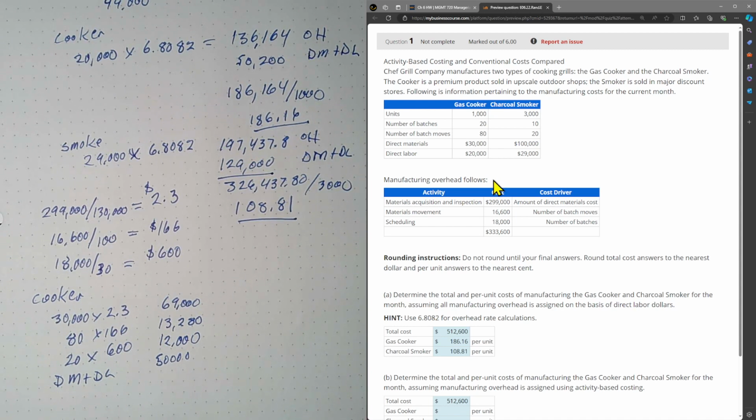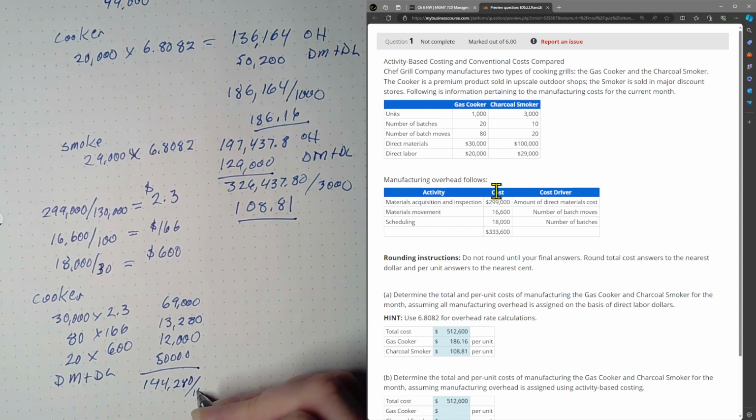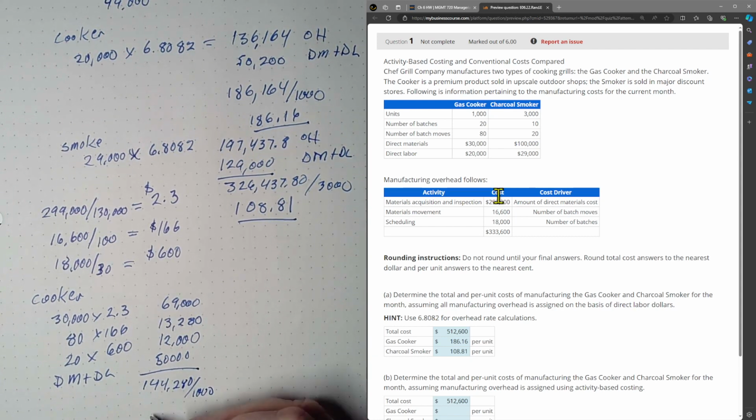So plus the 50, plus the 13,200, oops, the 13,280, plus the 69. So that is 144,280 divided by 1,000 units. So that's going to be $144.28.